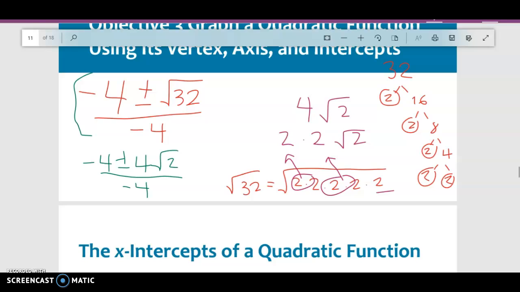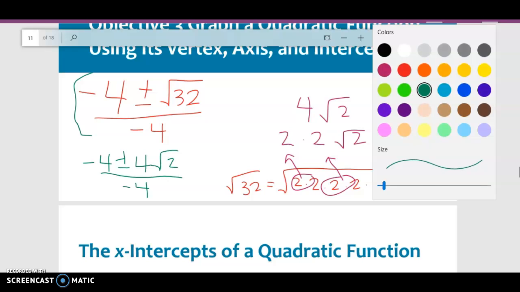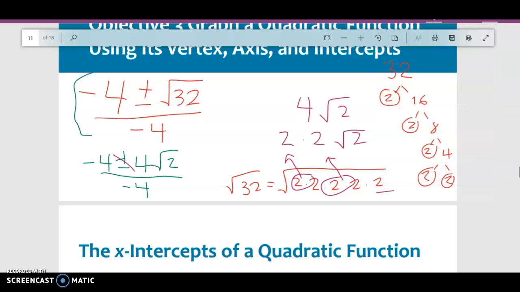Okay, so I'm going to be able to simplify this a little bit. I have negative 4 divided by negative 4. That's dividing these right here, negative 4 divided by negative 4. So that's just 1. And then I have plus or minus 4 divided by negative 4, square root of 2.